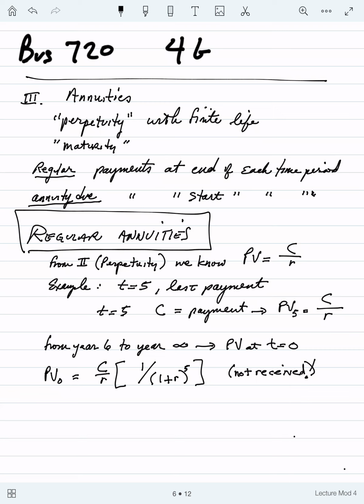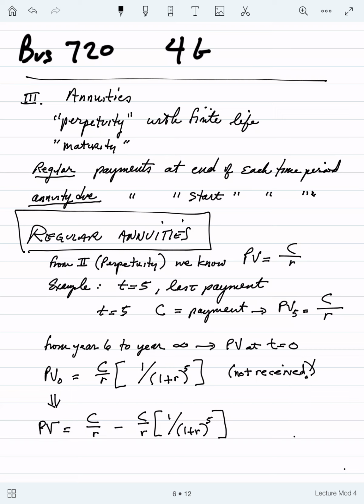Therefore, the present value of the 5-year annuity is the present value of the perpetuity minus the part of the perpetuity that would not be received. So it's C over R times 1 over 1 plus R to the 5th, because we're receiving 5 years worth of annuity payments.